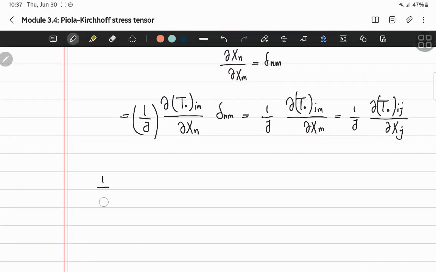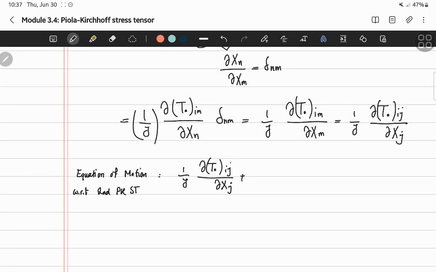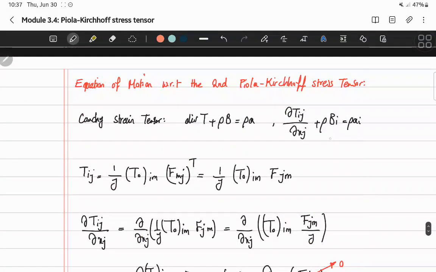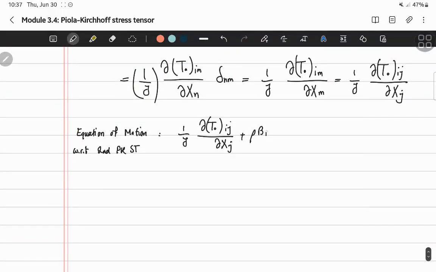So let's say the equation of motion in terms of the second Piola-Kirchhoff stress tensor is basically 1 divided by j, partial derivative of T0 ij with respect to capital Xj plus, so these two terms remain the same, rho bi is equal to rho ai.